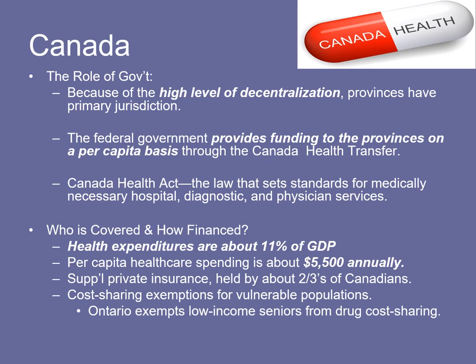Perhaps most significantly, healthcare expenditures are about 11% of gross domestic product versus about 18% in the United States. Per capita health spending is approximately $5,500 annually versus in the United States, which is almost $10,000. Supplemental private insurance, which I also mentioned previously, is held by about 2/3 of Canadians. And then there are safety net programs, for instance, cost sharing exemptions for low income seniors and other vulnerable populations.